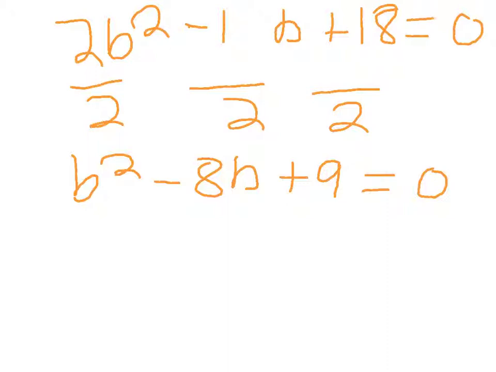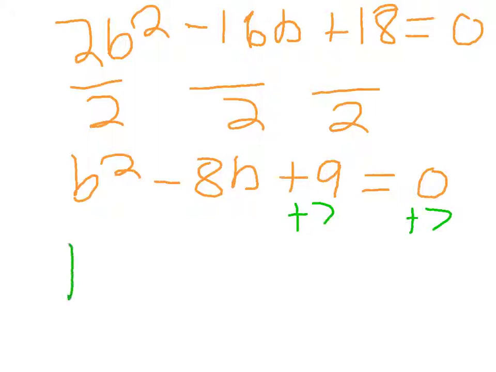Now after that, we want to find what half of b is. So half of negative 8 is negative 4, and then we want to square it and find out what the square of that is. If you square that, you get 16, and we want to make c, which is 9 right now, 16. So what would we do to do that? We would add 7, so plus 7 on both sides.